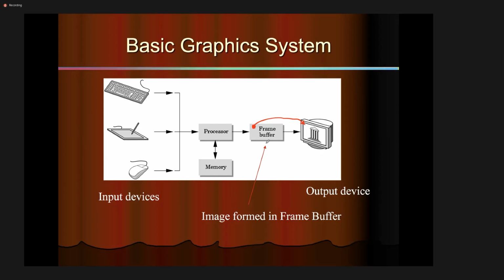In such a situation, the data has to be transferred to the display device, and now a new frame has to occupy the frame buffer. A new frame always has to occupy the frame buffer.